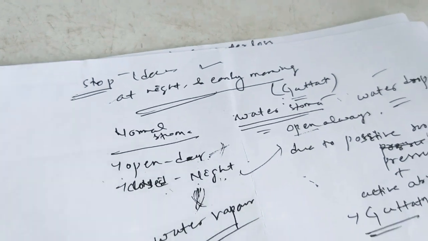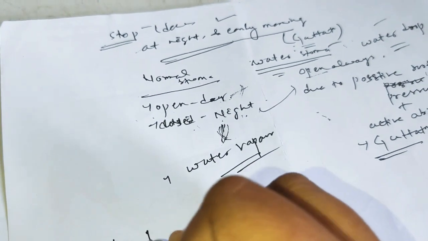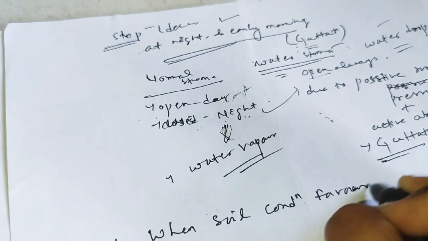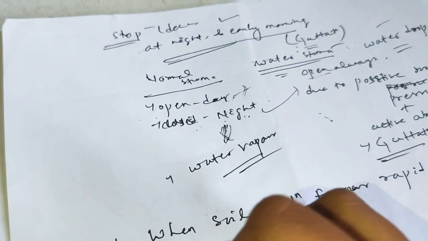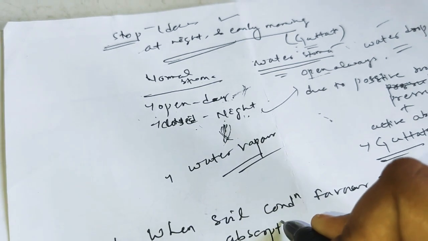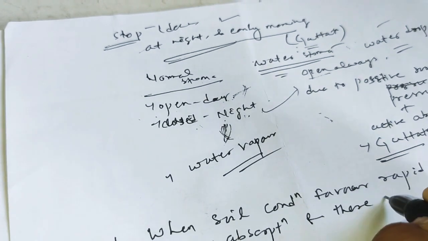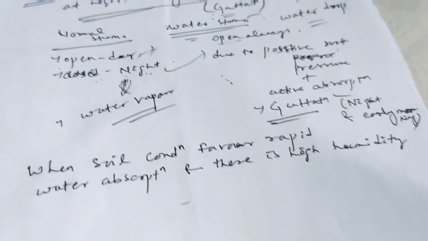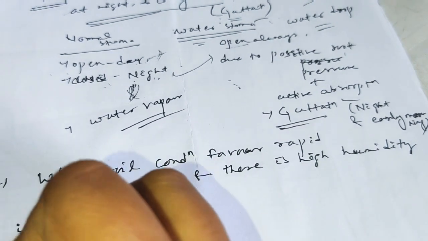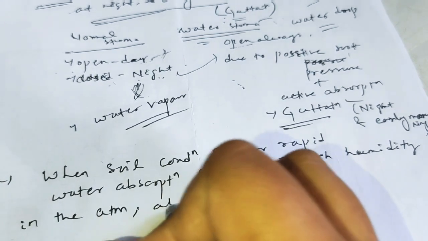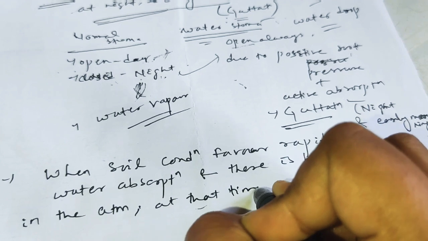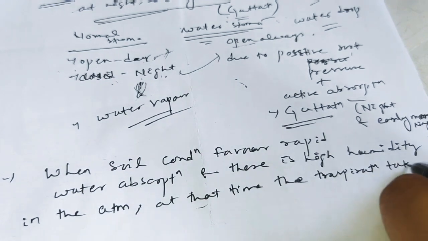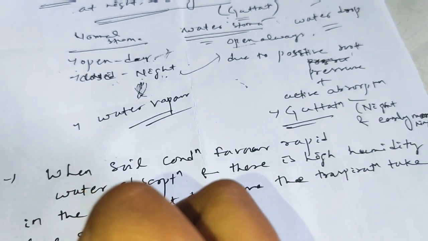Up to this, clear? So now the conclusion about this. When soil conditions favor rapid water absorption and there is high humidity in the atmosphere, at that time transpiration does not take place, or takes place slowly.